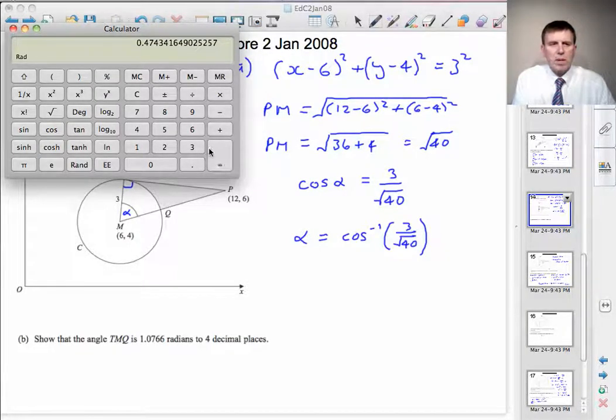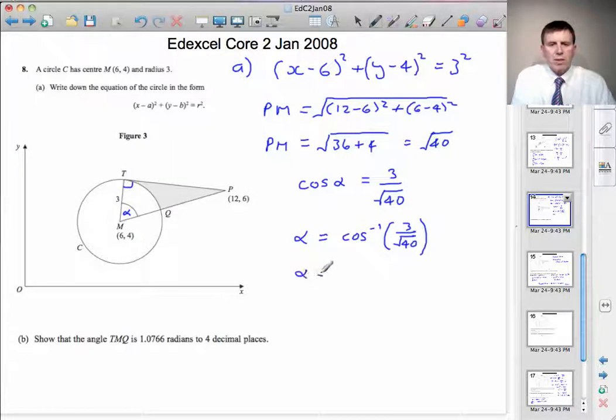And then I want cos⁻¹ of that, and we've got 1.0766 radians as required, to 4 decimal places. So alpha is equal to 1.0766 radians.